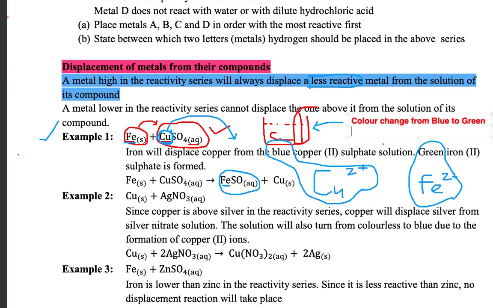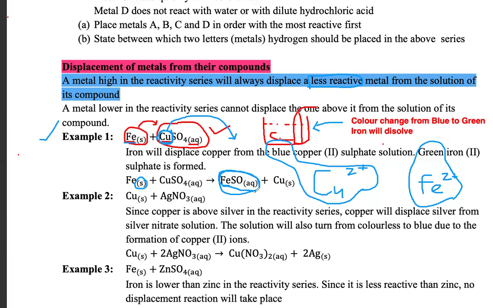That is the first observation that you are likely to make. The second observation that you're gonna make is that iron will dissolve. Have you seen from the reaction that we have, iron here is a solid? And have you seen that now iron is in the aqueous form, meaning it has dissolved?